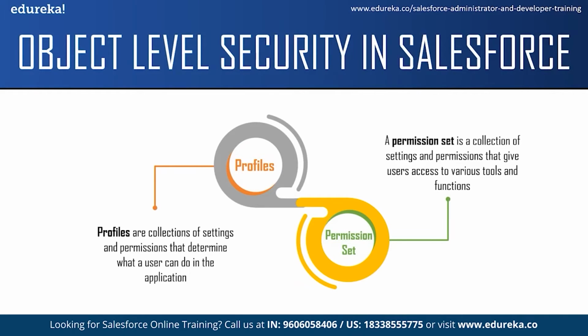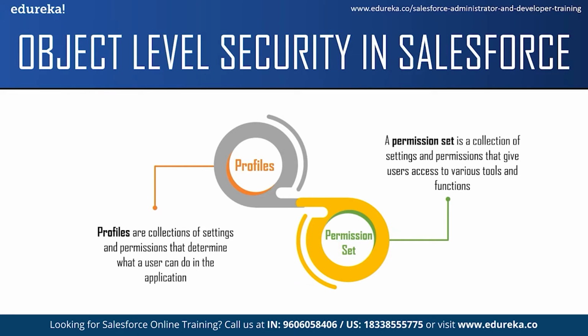Now there are 2 ways of setting object permissions. One is profiles and the other one is permission sets. Let us talk about them one by one. First is profiles. Now profiles are a collection of settings and permission that determine what a user can do in the application, which means what data and features can be accessed by the user. So for example, a sales representative will have a sales profile.